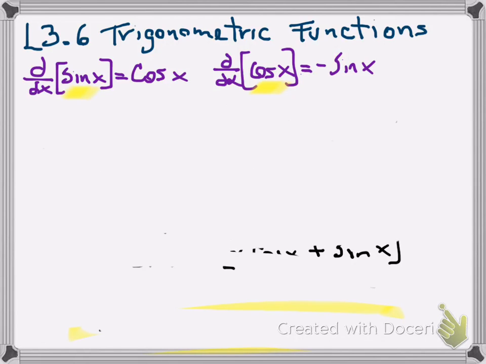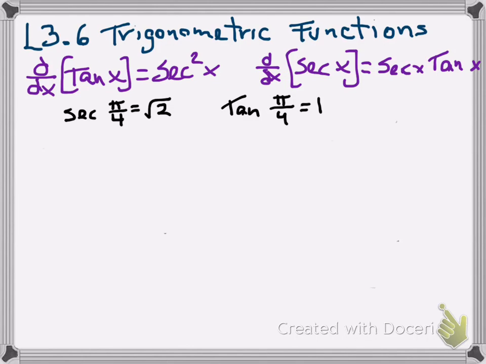So I won't solve example number 2, but I will solve example number 3. On example number 3, now we have tangent and secant, which are not here. Let me write them here.